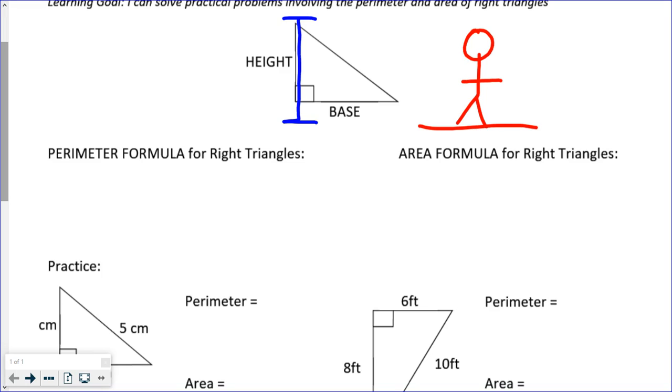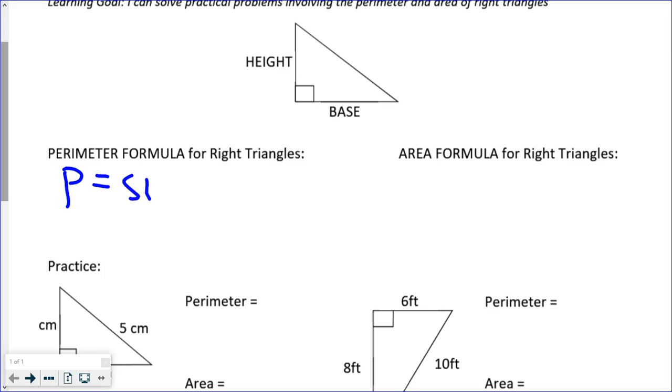All right, so let's talk the formulas for both. There's no fancy formula for the perimeter of a triangle. It's simply, triangles have three sides: the first side plus the second side plus the third side.